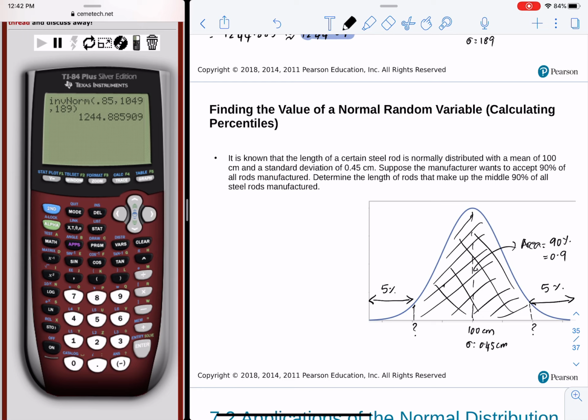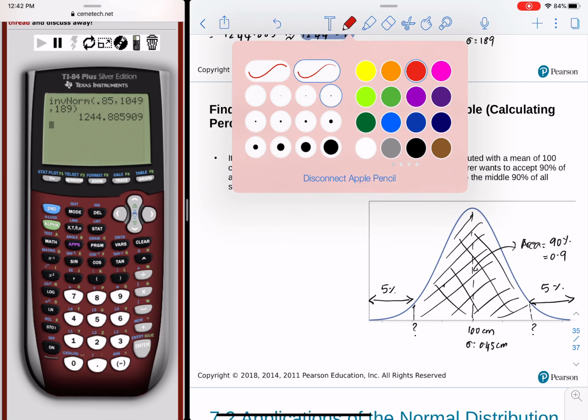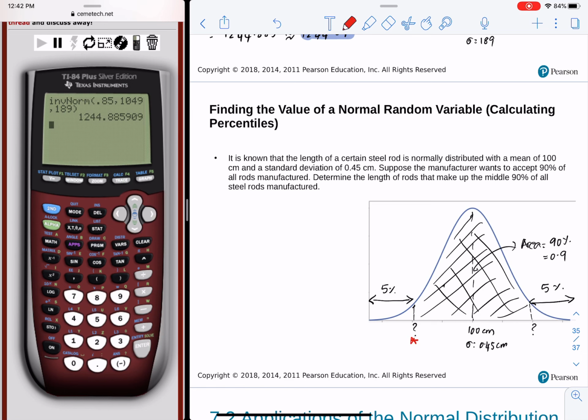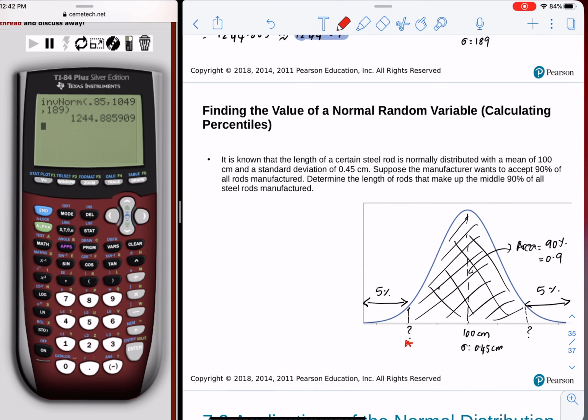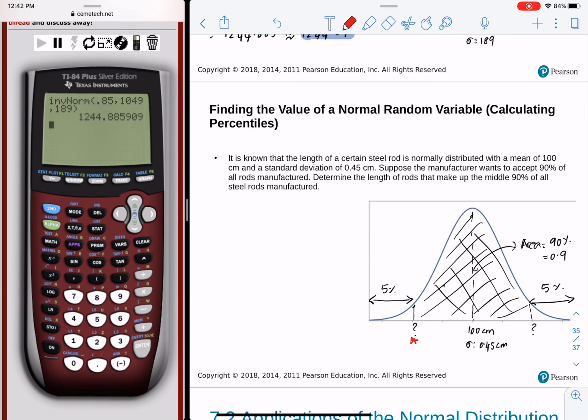So the area below the first measurement is 5%, and the area below that measurement is 95%, because we have 5%, we are adding 90% to this, so 90% plus 5% is 95%.